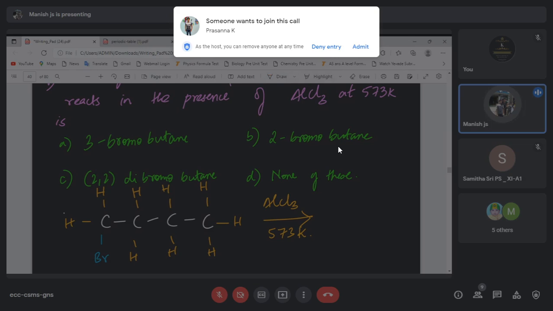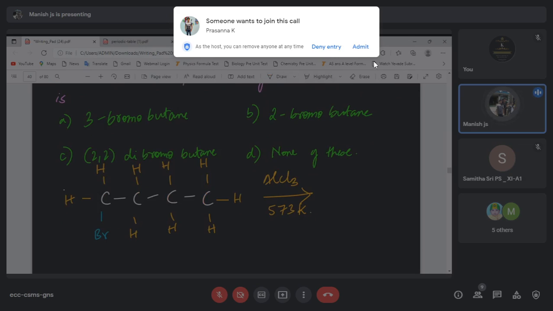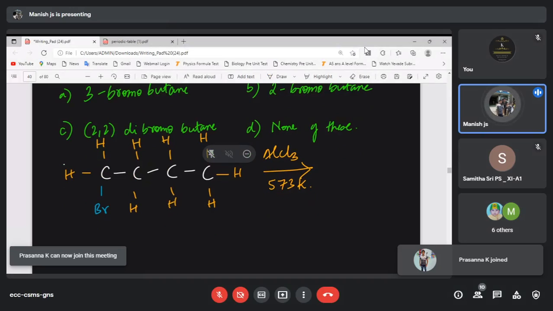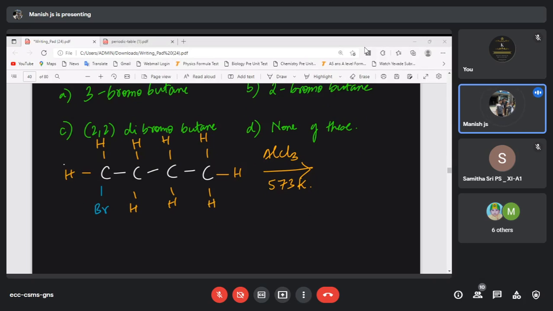This reaction is already part of your alkane concepts. So what will be the product? What will happen? Always remember, when you have aluminium trichloride, it will convert a primary alcohol or a primary halide to a secondary halide, that is, a 2-degree halide will be formed.